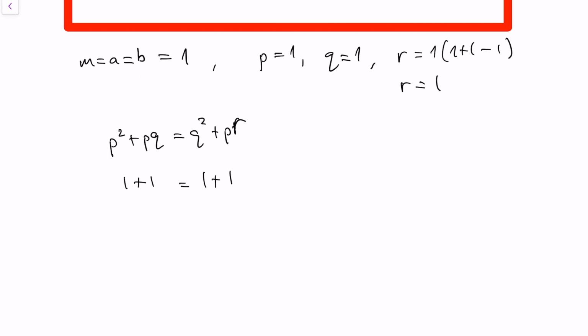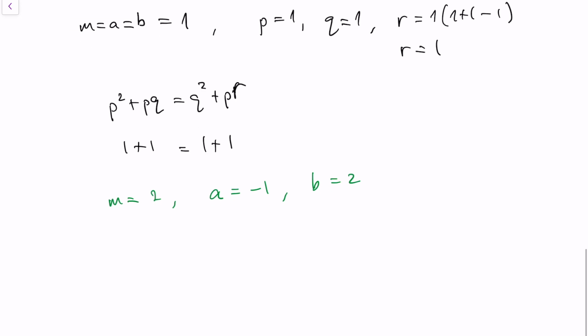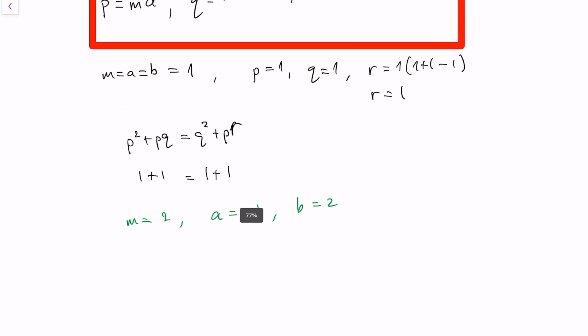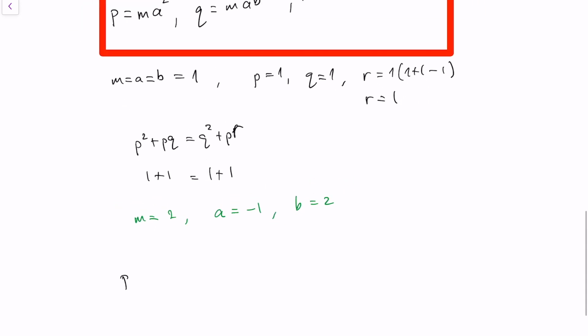Let's pick any other random numbers. So let M be minus 1, A be 1 and B be 2, right? Hmm, so that means we will have p is equal to M times A squared. So it's minus 1 times 2 squared... Q is equal to M times AB.